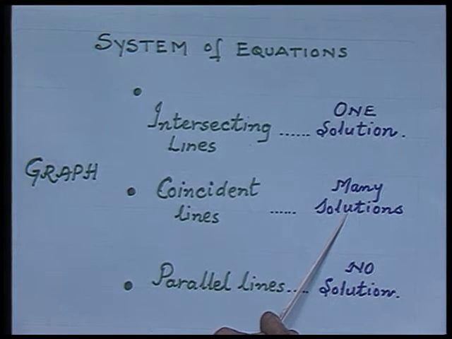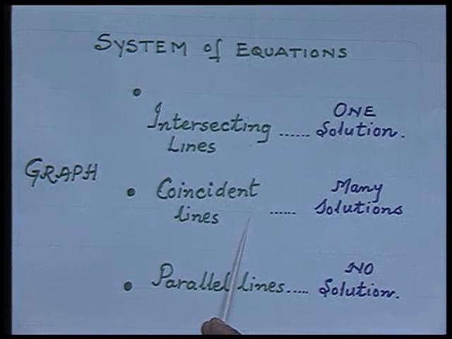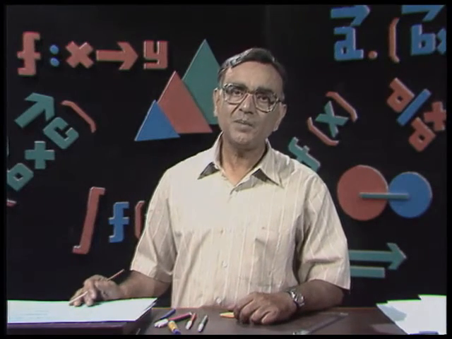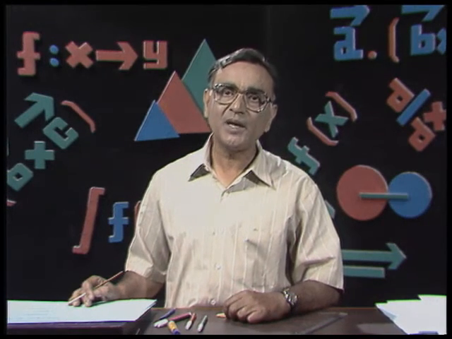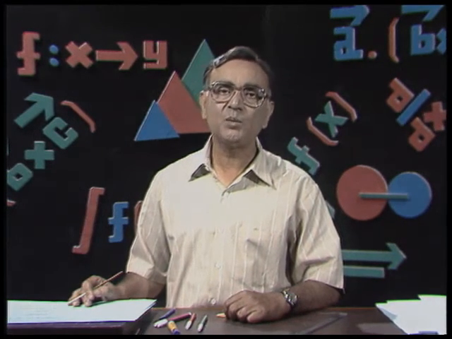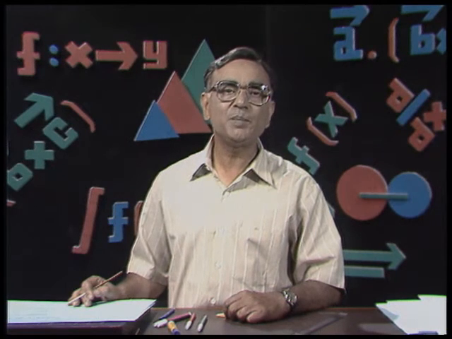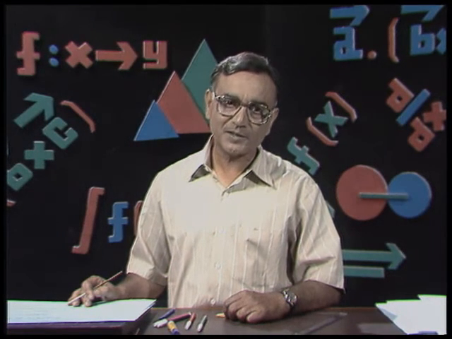The coincident lines means all the points on the line will be satisfying both the equations, and when we get the parallel lines, the system is considered as inconsistent because it has no solution. So, the system having no solution is called an inconsistent system, and when we plot such a system onto the graph paper, it is represented by two parallel lines.